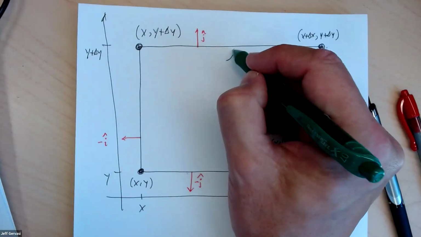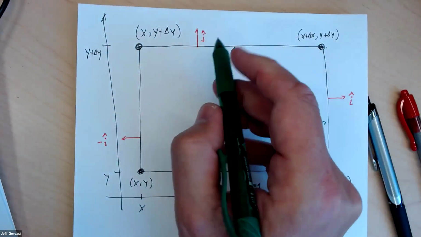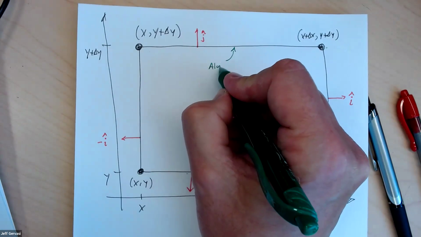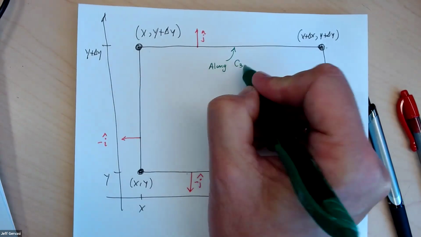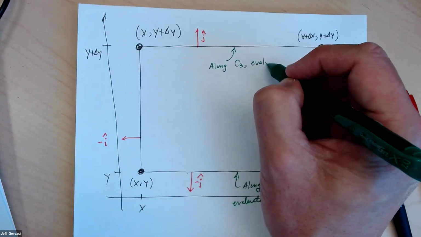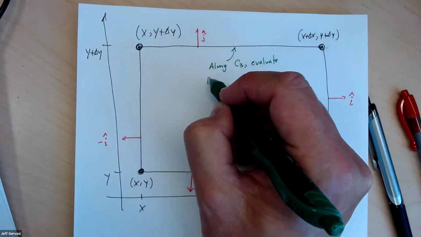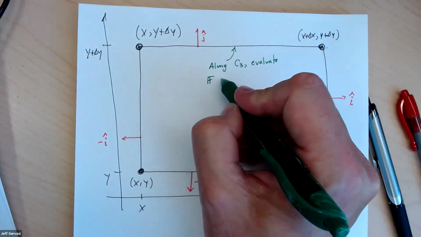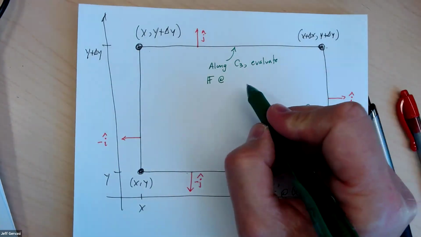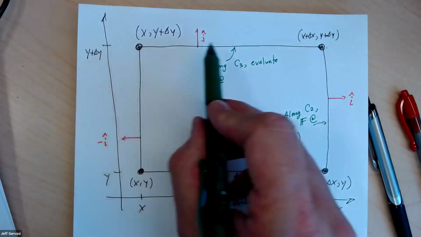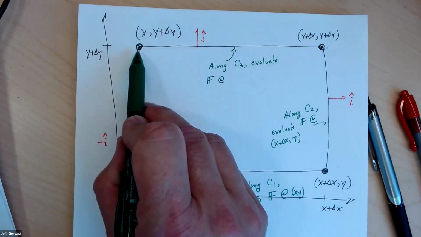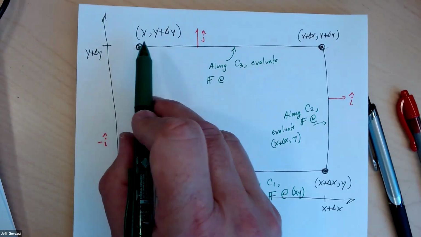Along this horizontal line, I'll call it C3, I want to evaluate my force at the left end, not the right end, not any point in between, but specifically at that end.